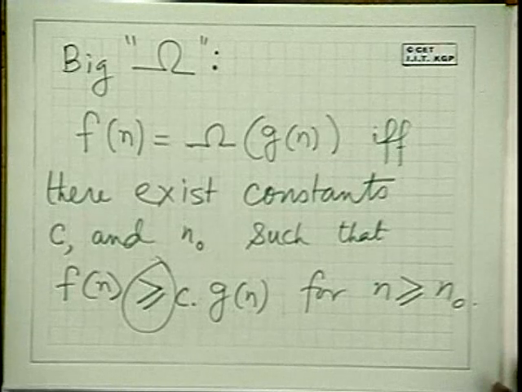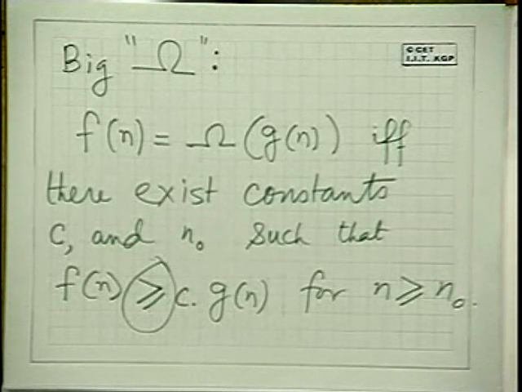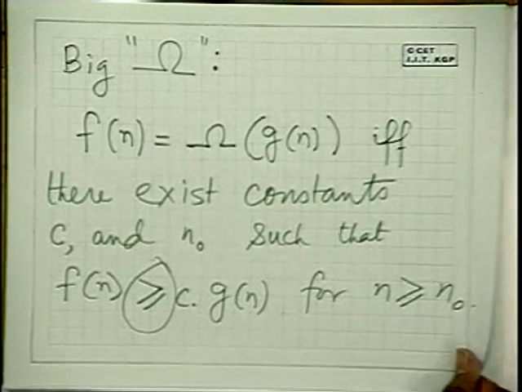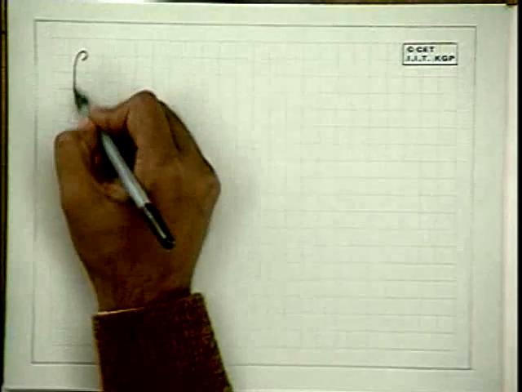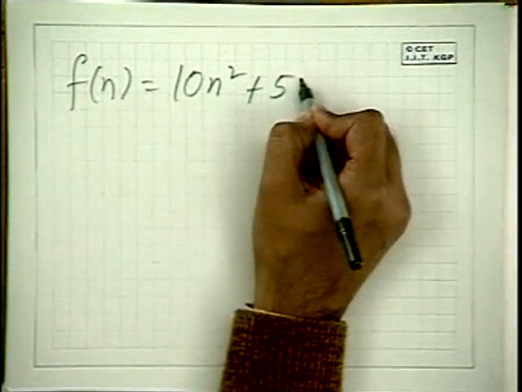In terms of a graph, it means you are trying to find a g(n) which will run below this f(n), this time instead of going above. Have you written this already? Let me go back to a previous example, say the same function f(n) equals 10n squared plus 5n plus 6.